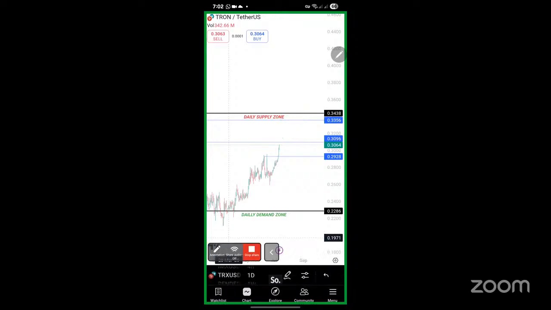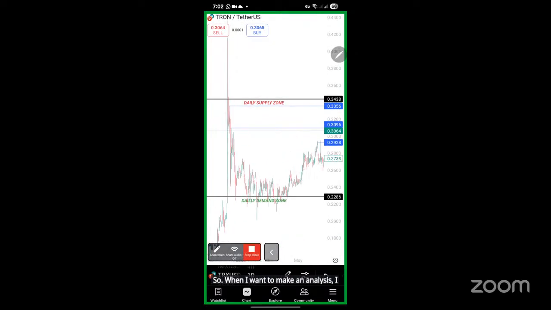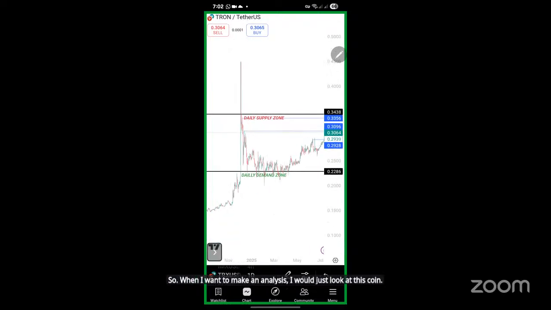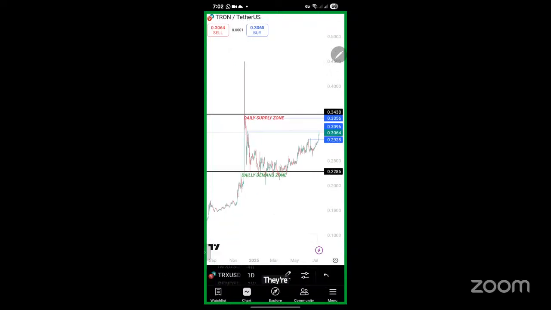So when I want to make an analysis, I will just look at this coin in the upper time frame, and I extend this here. This is the daily demand zone, and this is the daily supply zone.